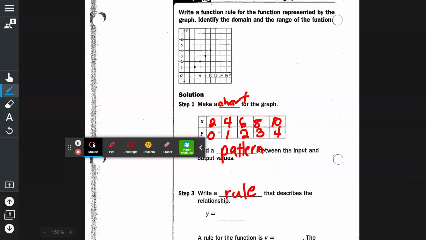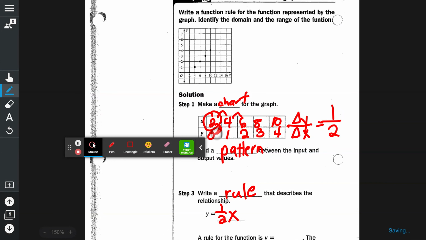So I notice my change in y, if you look, y is changing by 1 each time, but x is changing by 2. So my rule has to start with 1/2 times x. But half of 2 is 1, and that's not 0. So I know I have to do something else. So half of 2 is 1.